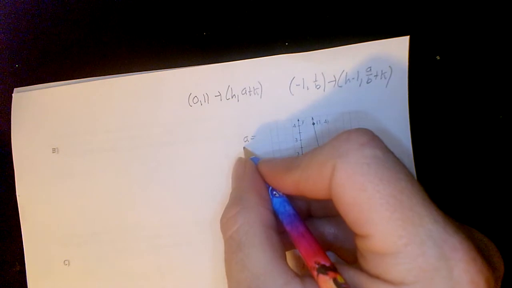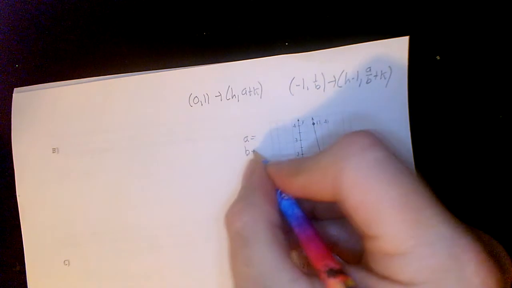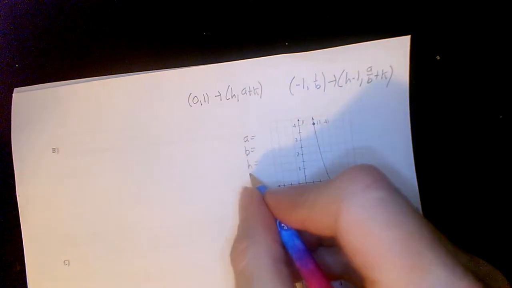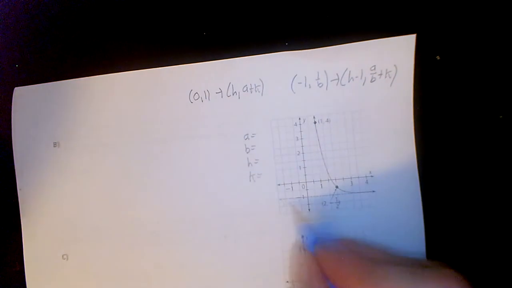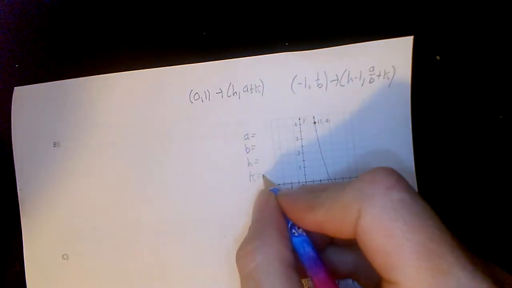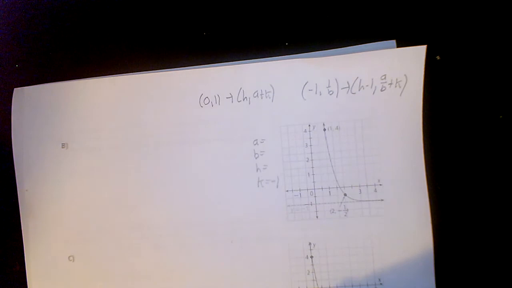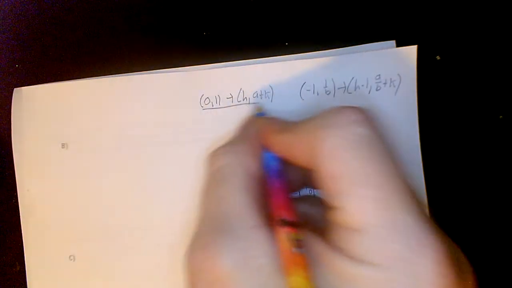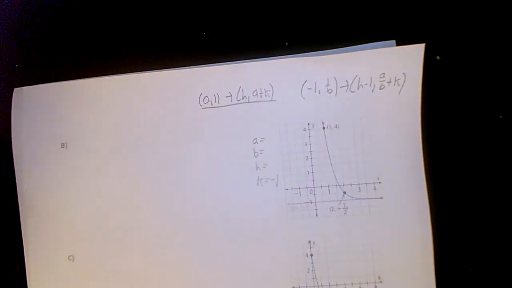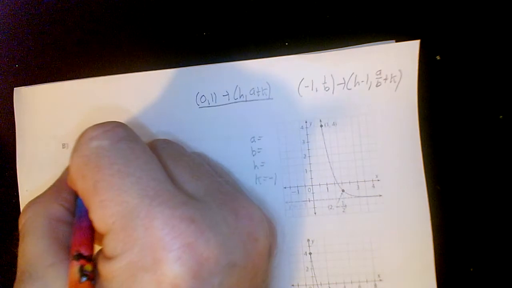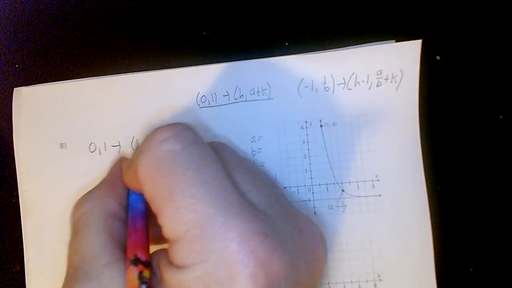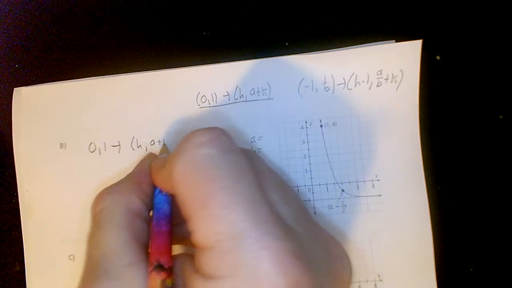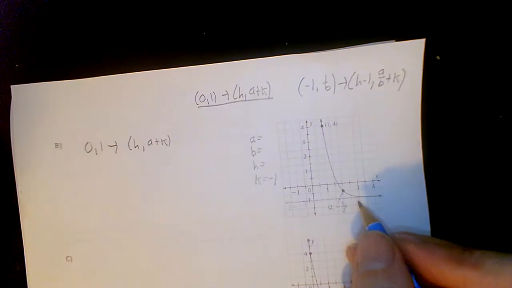We're going to figure out our A, our B, our H, and our K. K looks to be right here. K is negative 1. So let's use this to figure out H and A. I know that (0, 1) changes into (H, A plus K). Let's find the closest point they give us.